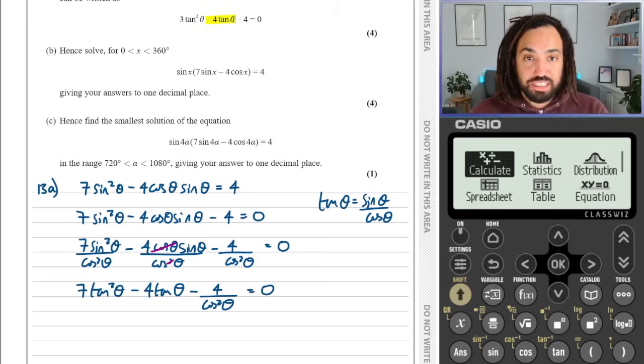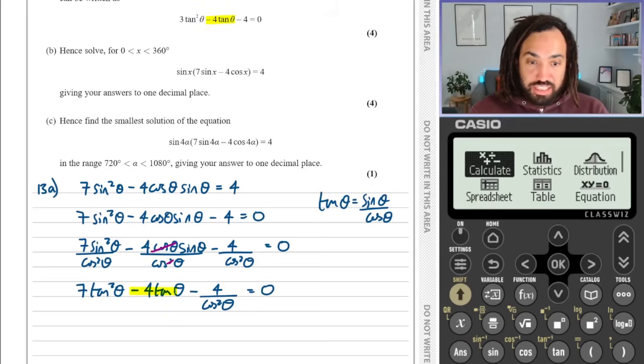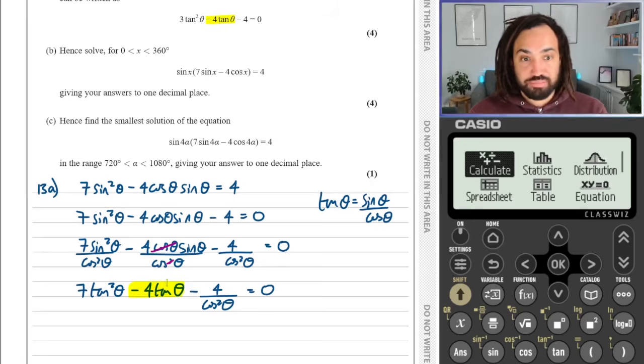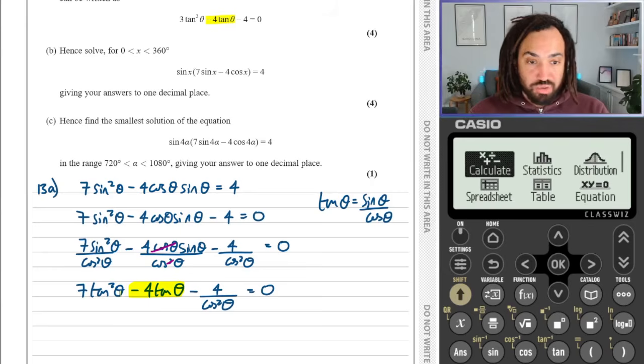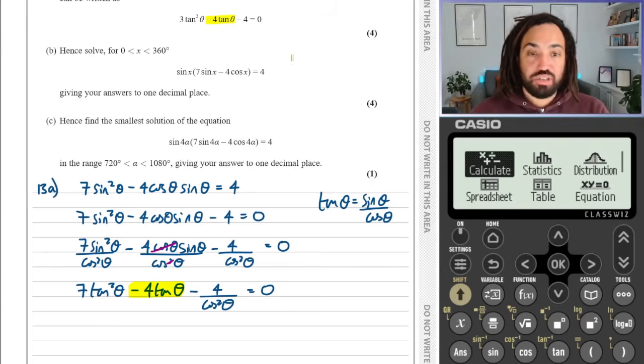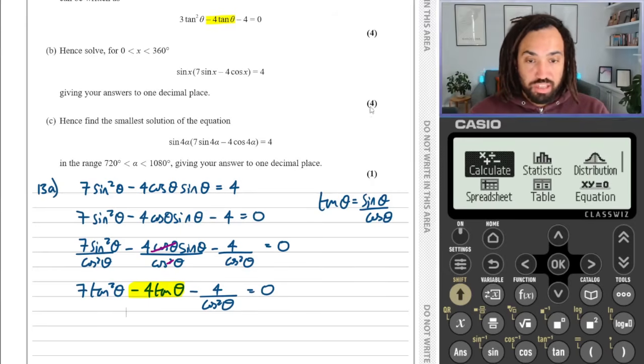Now, what I can see here is we've got this and this. Those are exactly the same, which is good. And we've got too many tan squareds here. We've actually got an extra 4 tan squared, haven't we?